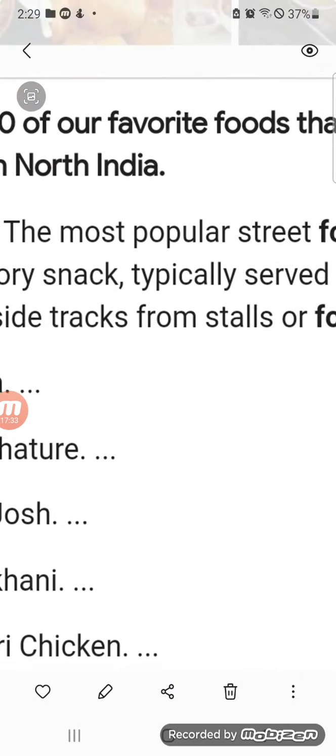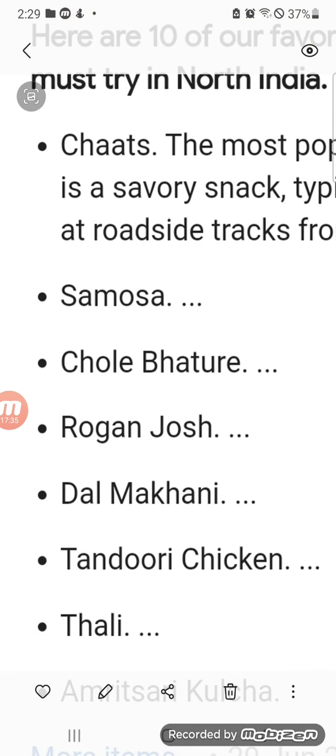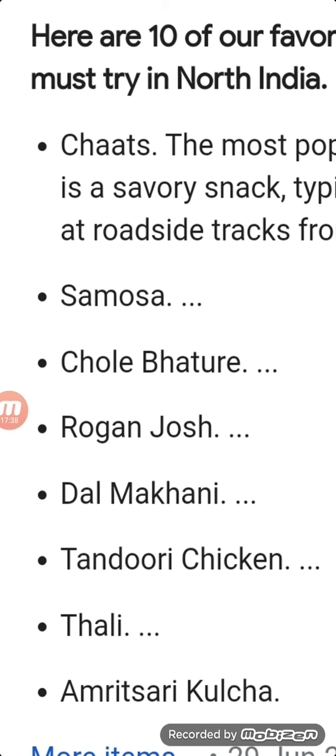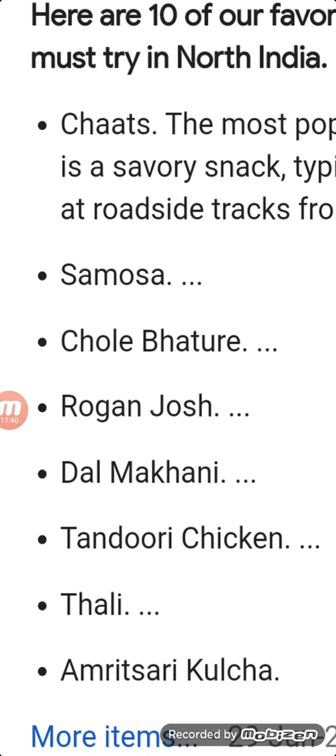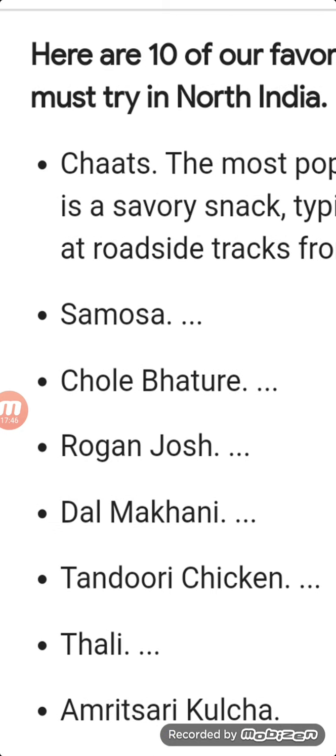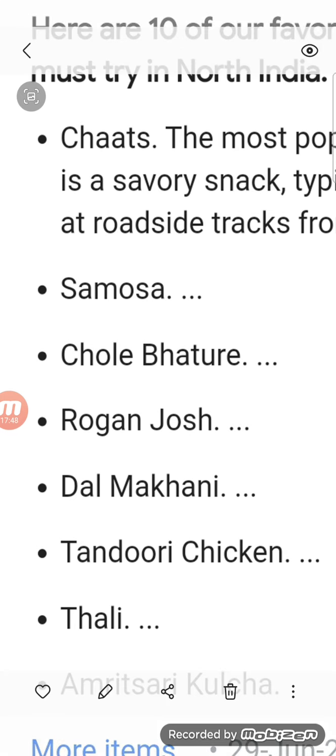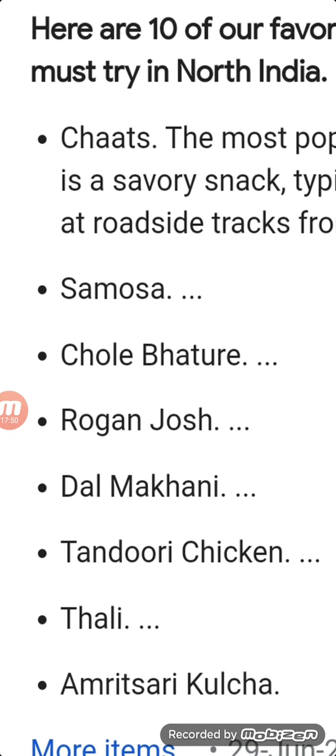So these were the main foods like chaats, samosa, chole bhature, rajma chawal, dal makhani, tandoori chicken, Indian thali, Amritsari kulcha. It's a type of roti. You can take this as a screenshot and search it further. I might explain one by one.